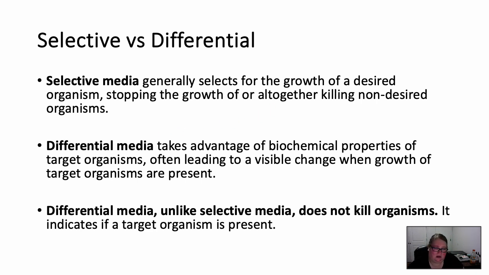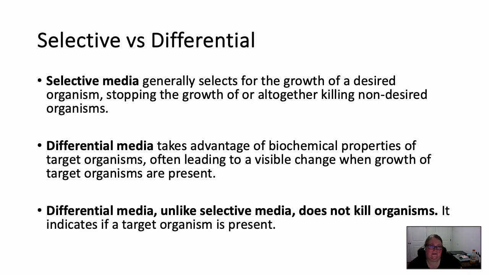Okay, differential media, on the other hand, isn't going to stop the growth of things, but it's going to have an indicator in it that's going to allow us to tell apart different species of bacteria. We're going to take advantage of some of the metabolisms of these bacteria, so the biochemical properties they have.